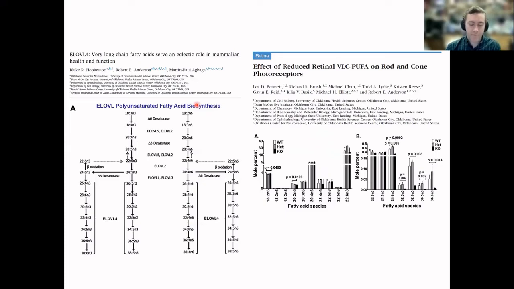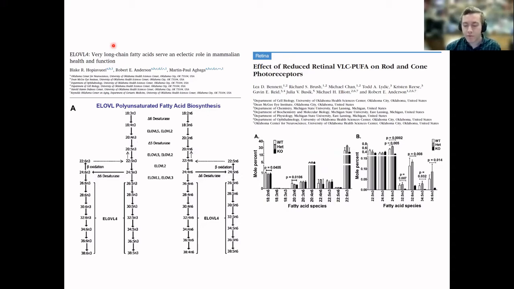To this end, competing hypotheses have been put forward as to the likely role of very long-chain polyunsaturated fatty acids, or VLC-PUFAs, as shown here. ELOVL4 is responsible for elongating long-chain PUFAs into VLC-PUFAs, and mutations of it cause what is known as Stargardt 3, sharing a similar phenotypic profile as ABCA4-derived Stargardt 1.